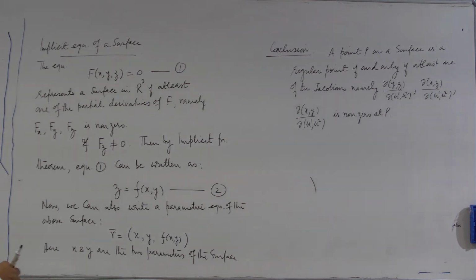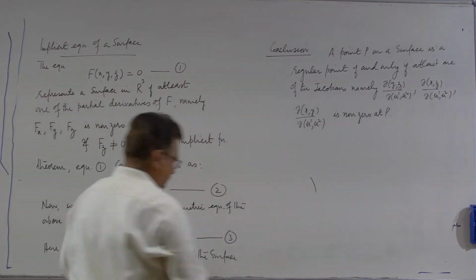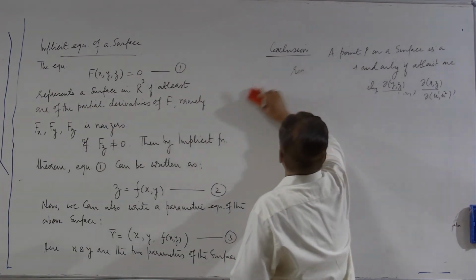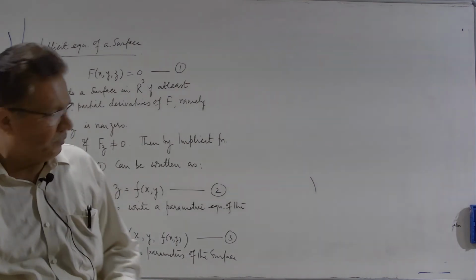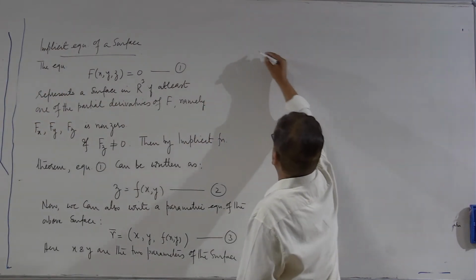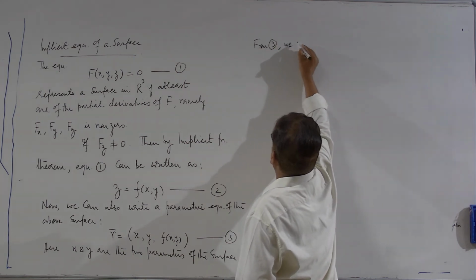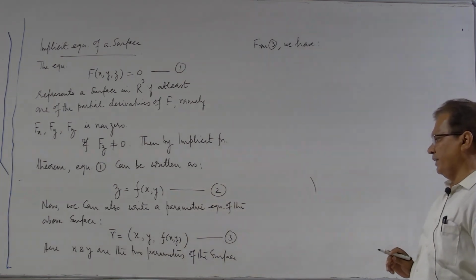Now, with regard to the regularity of the surface, I will be looking at R1 cross R2. Okay. So, from number 3, this is the third representation, we have, so I am saying x and y are the two parameters.